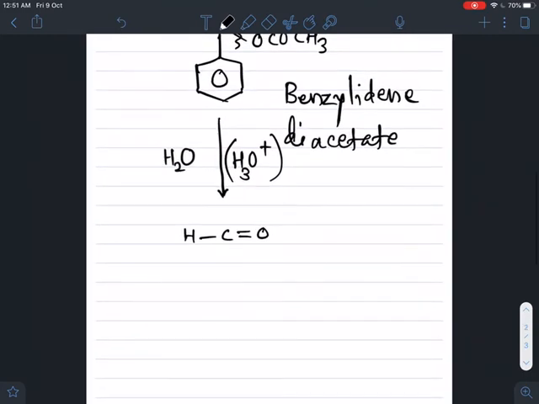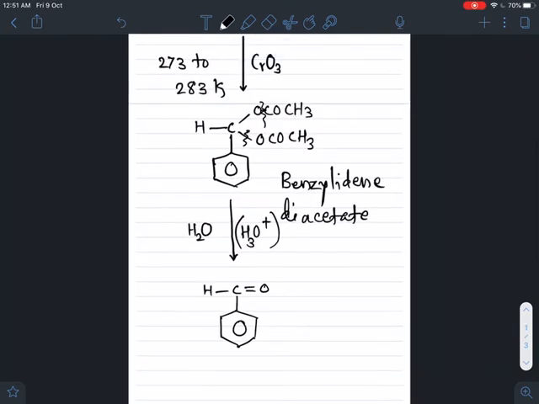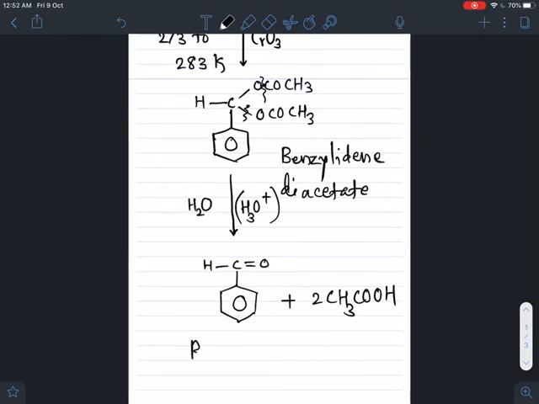So benzylidene diacetate is converted into benzaldehyde, with 2 molecules of acetic acid removed as a byproduct, from the COCH3 combined with H2O. So here we get benzaldehyde.